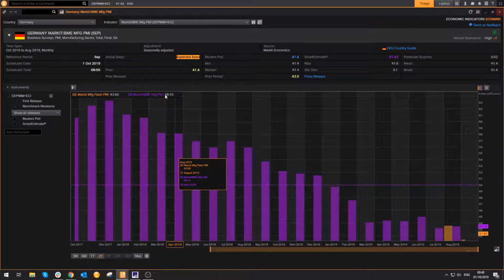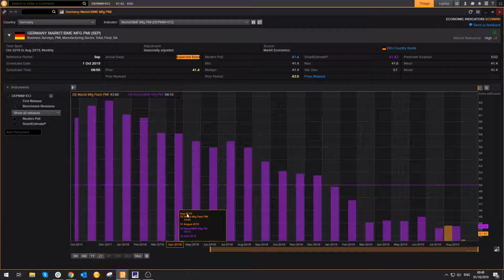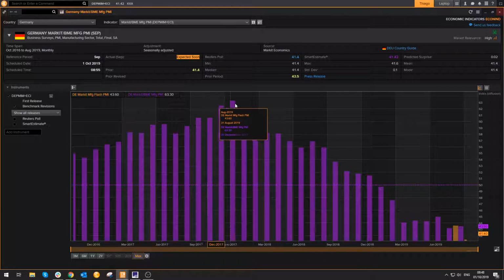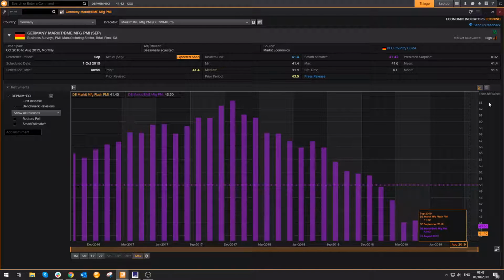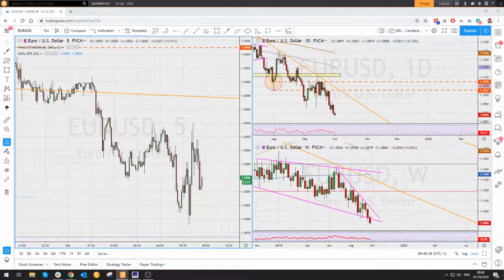That's the one. 41.4 is expected, so keep that in mind, guys. But look, if I go max here, you can see how from end of 2017 this has been changing, right? Very dramatically. This German data, and not only this one but many others, right?